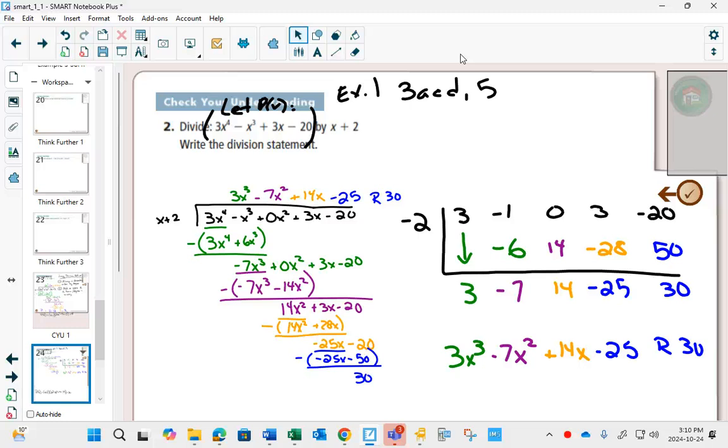What was something that you noticed when I figured out the bottom numbers? How did I get, for example, this negative 25 in blue? You multiplied the yellow number next to the 14 by the negative 2 and then subtracted. Okay, I got the negative 28, but how did I get this negative 25? I added those two together, right?